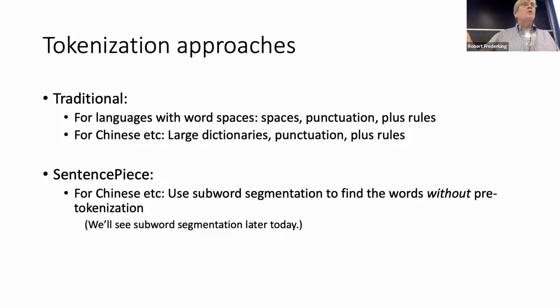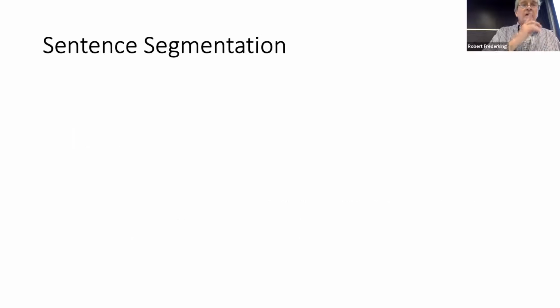There's always a word they didn't think of, which causes problems. And so we'll see later today what SentencePiece and some other software use to do Chinese, where they actually learn subword segmentation from data instead of having to compile some giant dictionary. We'll see that a little later.